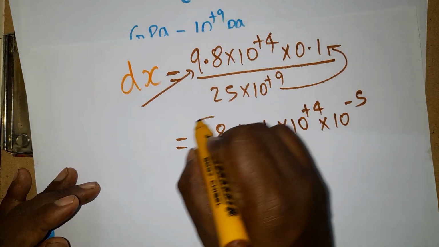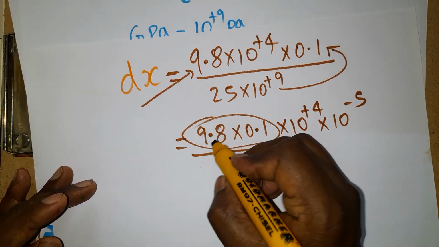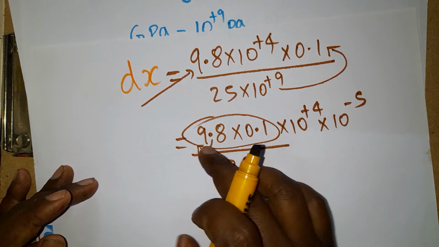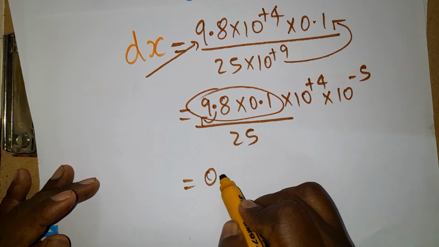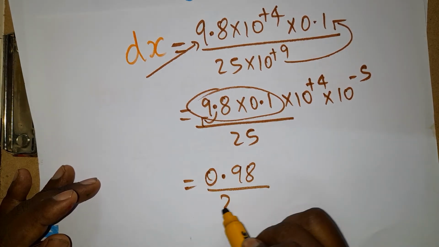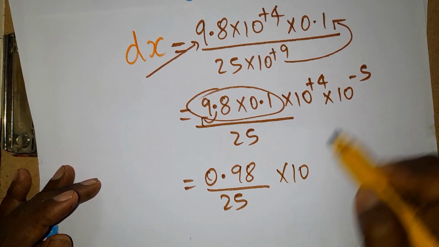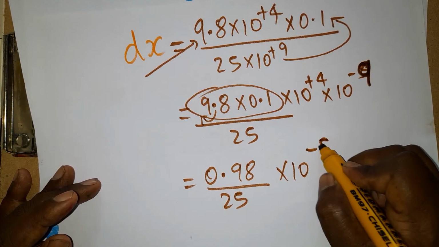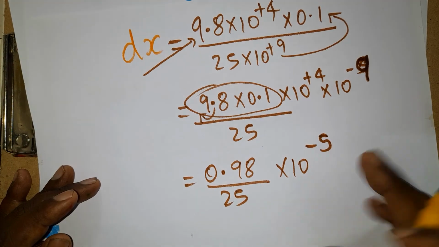Multiplying 98 into 1 gives 98, and because of the decimal it becomes 0.98, divided by 25 into 10 power minus 9 plus 4, which becomes minus 5.